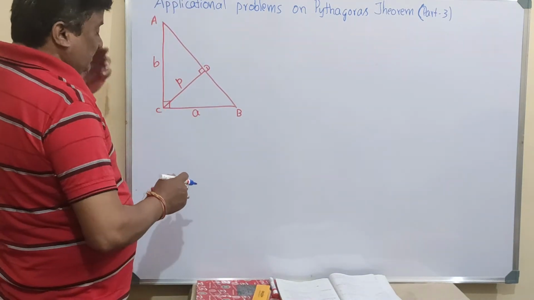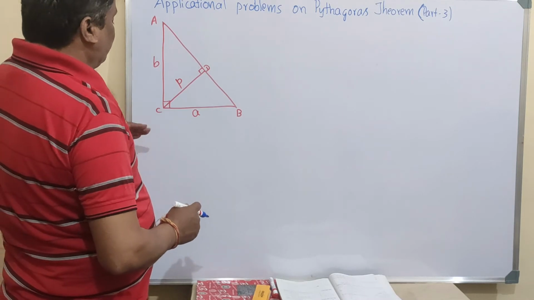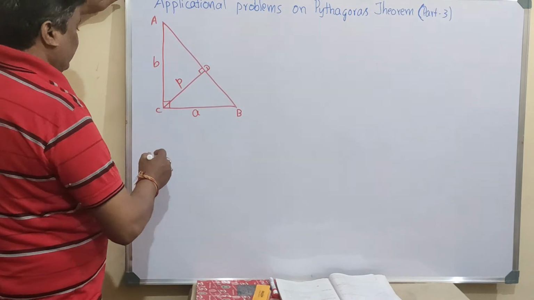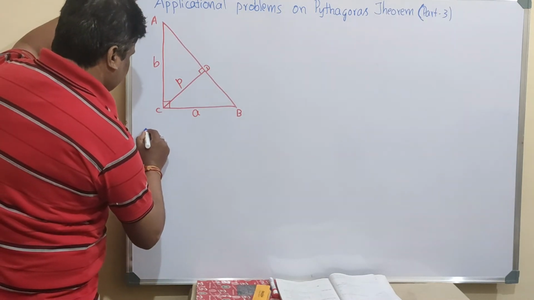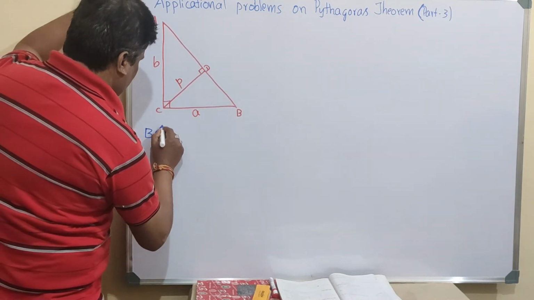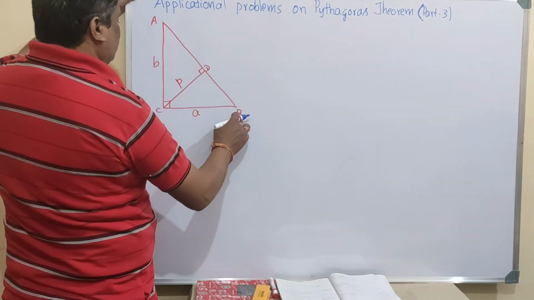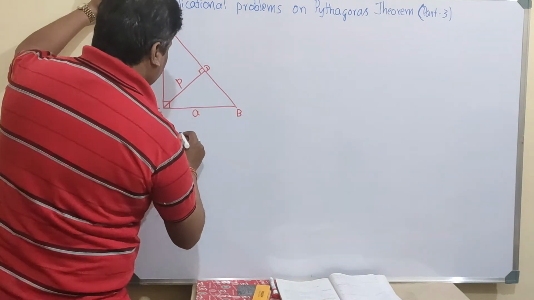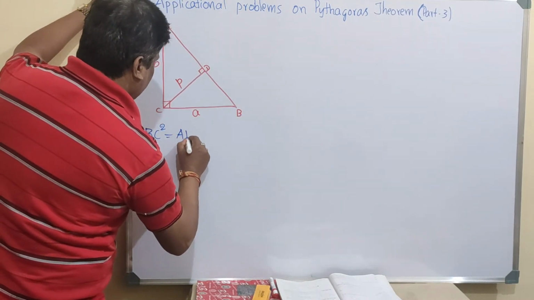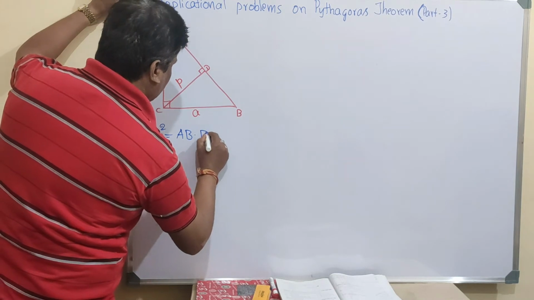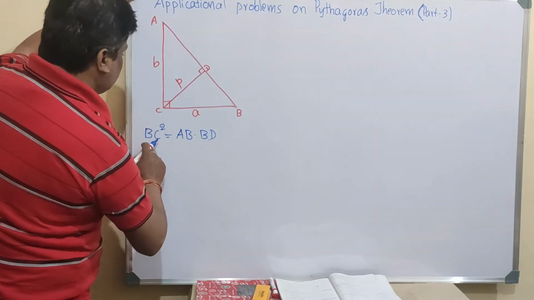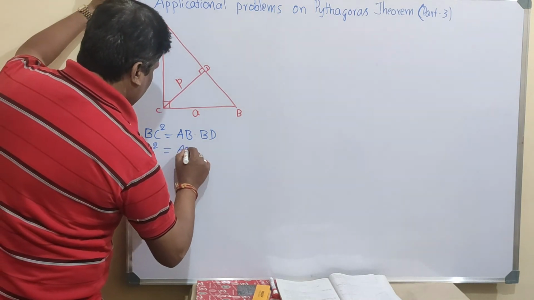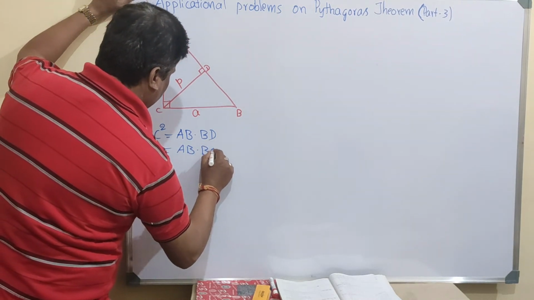In a right angle triangle, if we draw a perpendicular from the right angle vertex to the hypotenuse, then for BC square we can write AB into BD. What is BC square? It is nothing but A square, which is equal to AB into BD.